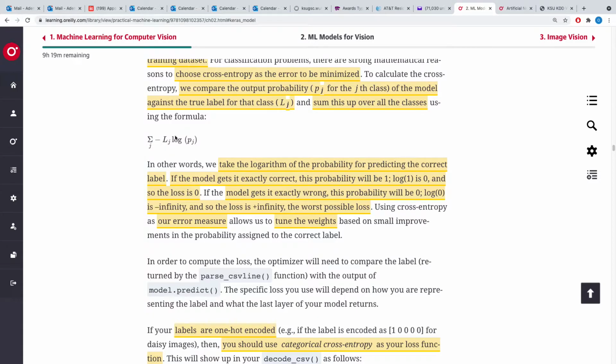So the error is going to be minimized, and we're going to have a loss of 0.